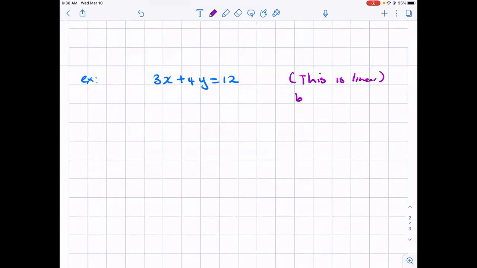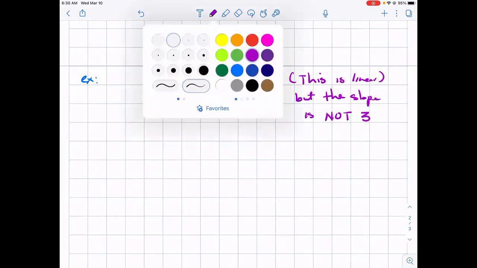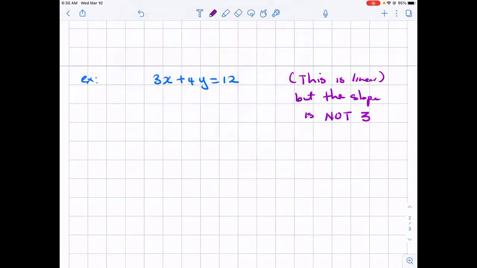But the slope is not 3. To identify the slope, we must solve for y.